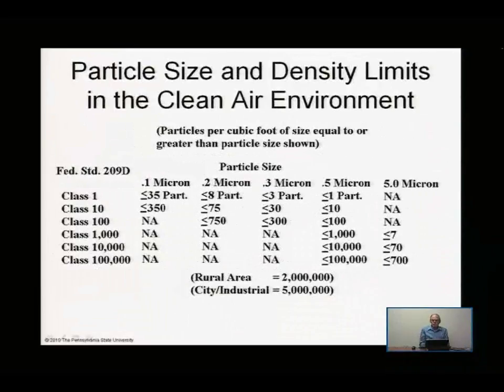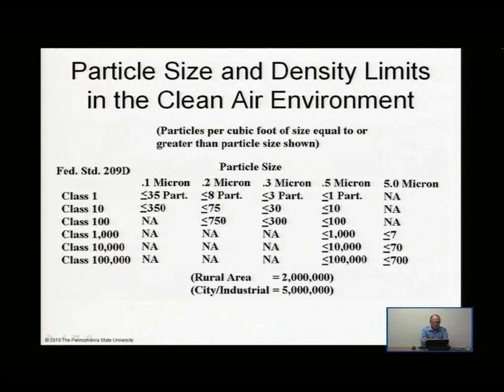So here's a table that talks about this class terminology. It's based on particle size and density limits in a clean air environment. And it comes from a federal standard, as you see there, and we'll talk about the federal standard in just a minute, but let's take a look at some of these definitions that you see on this table.